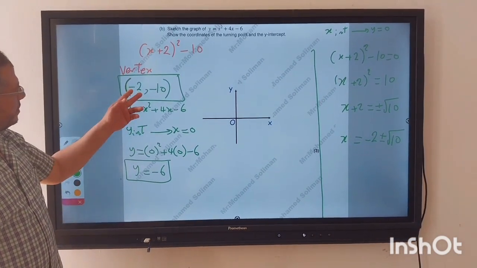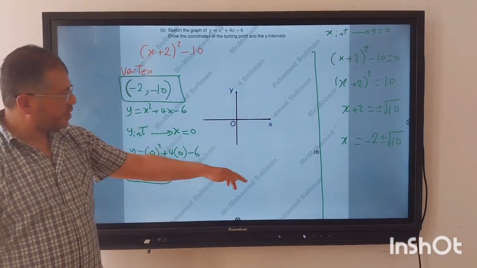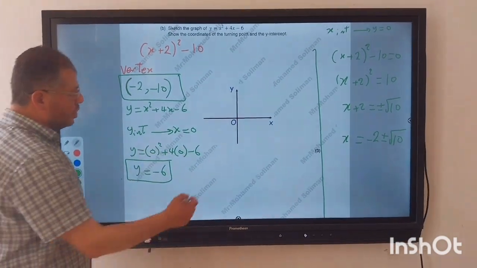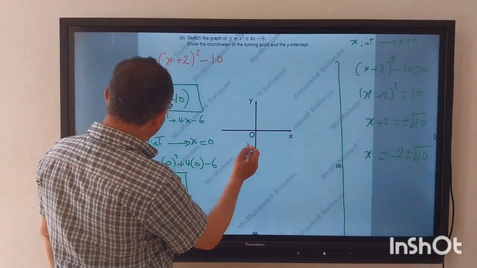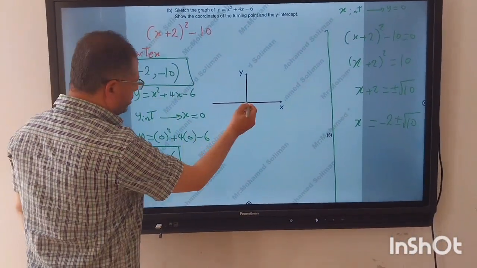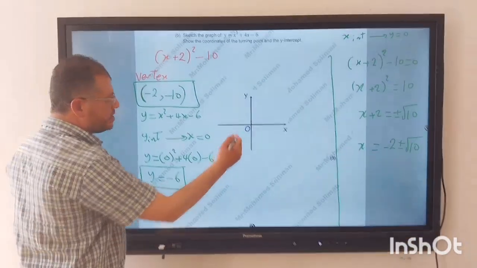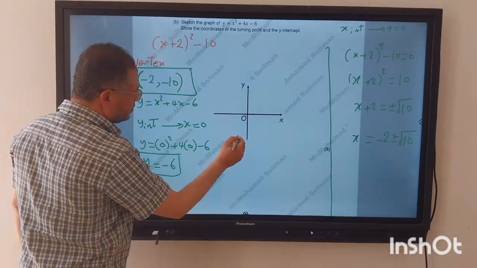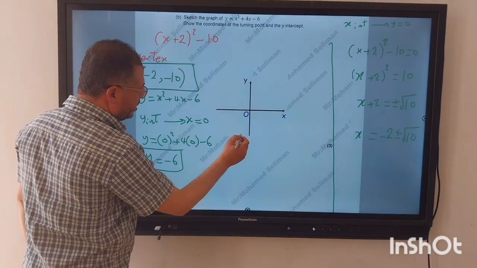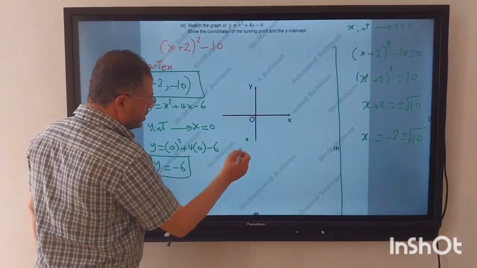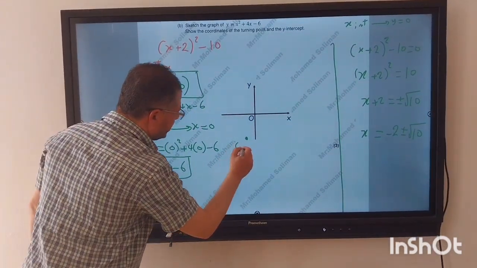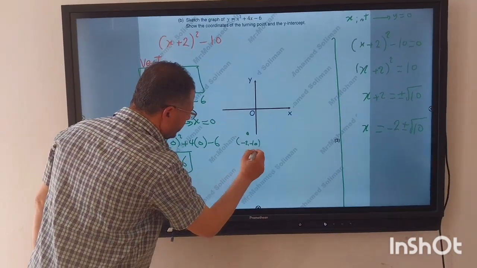So here, (-2, -10) must be far from negative 6. So we can put it here, for example. Negative here means on my left hand side, so you can put it here. (-2, -10). This is the vertex.